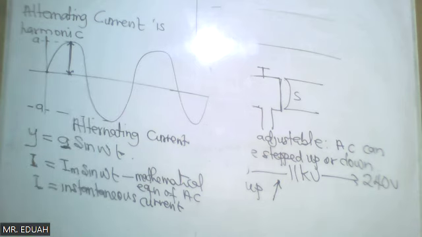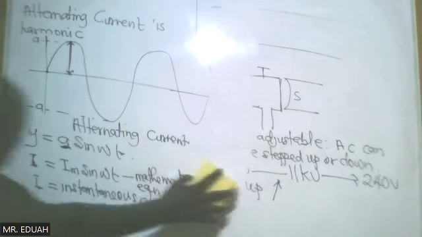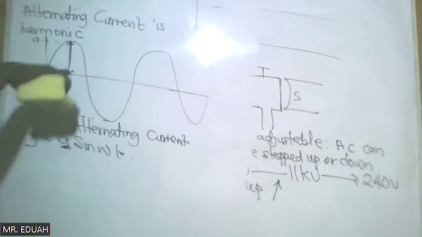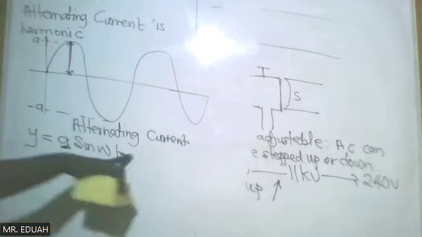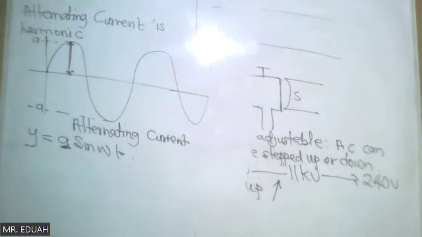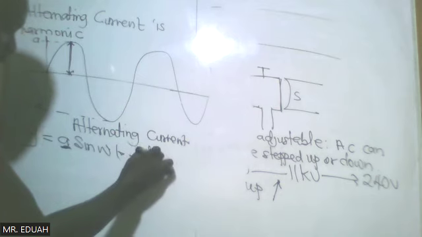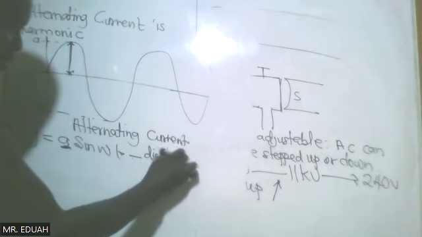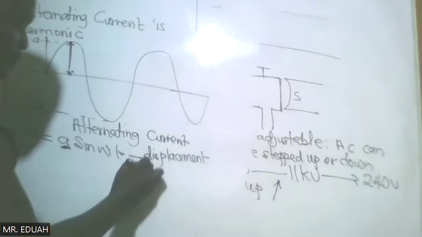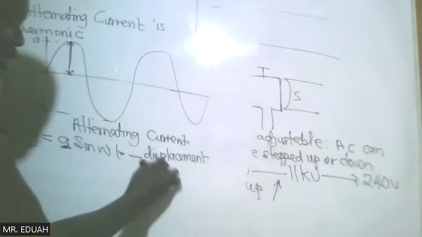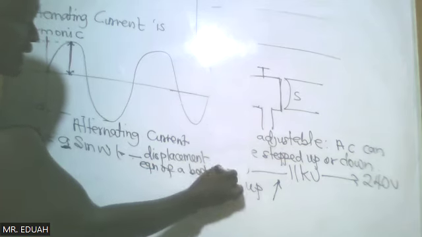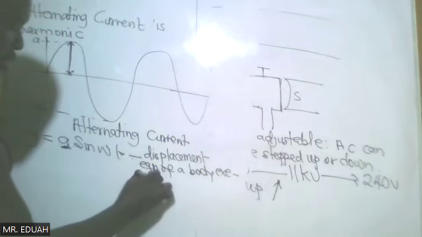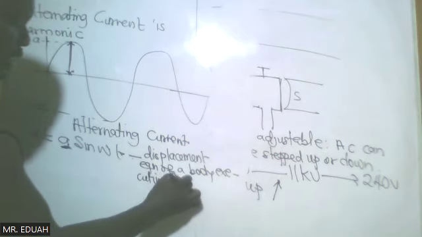For harmonics, this equation is expressed as y = a sin omega t, and we call this the displacement equation of a body executing simple harmonic motion.